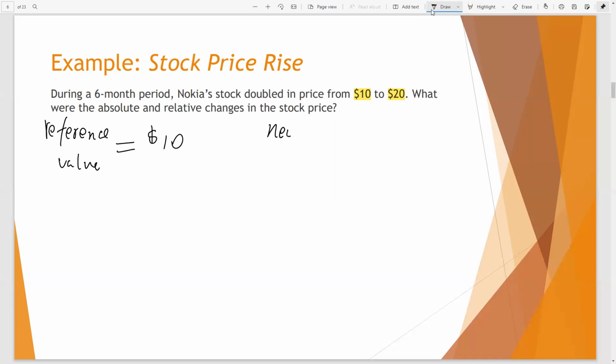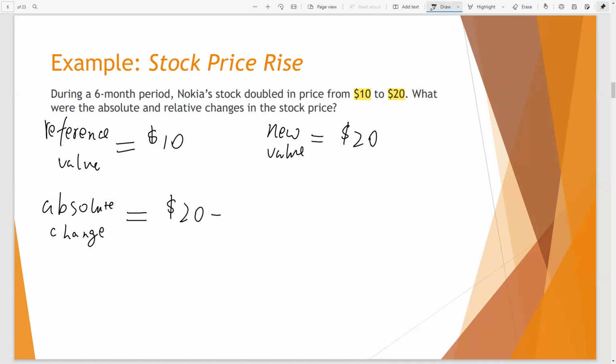And the new value is $20, that's for sure. Then the formula: absolute change is the new value minus the reference value, which is $10. The positive sign means it increased by $10.